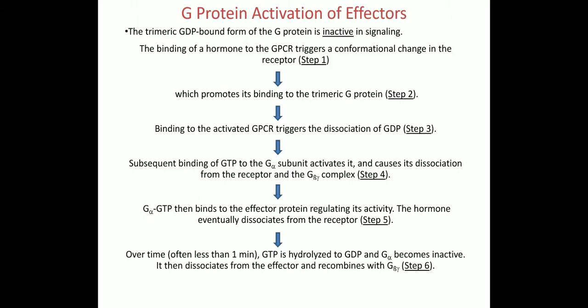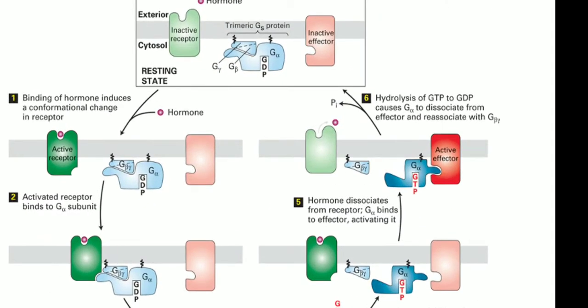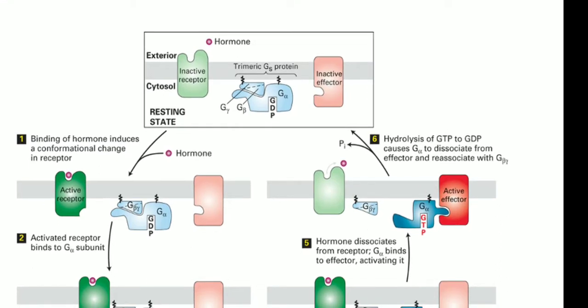The G alpha subunit is a GTPase switch protein that alternates between an active state, which is bound with GTP, and an inactive state, which is bound to GDP. We will see that in this diagram. In this resting phase, the G alpha subunit is bound to GDP, meaning it is in an inactive state. When it is bound to GTP, it goes to the active state.